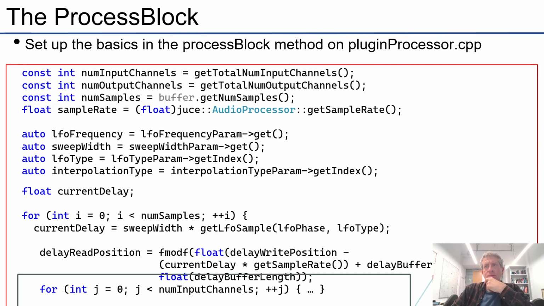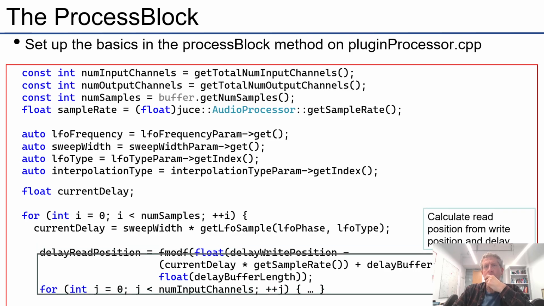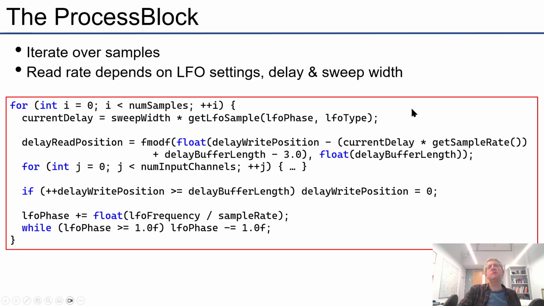Finally, if we look at what is actually happening when we process each sample and each channel of each sample, this is it right here, where the read position is a function of the write position, and the actual amount of delay is given as current delay, which increments depending on the amount of delay that should be used, our modulated delay, and the read position is a function of the current delay.